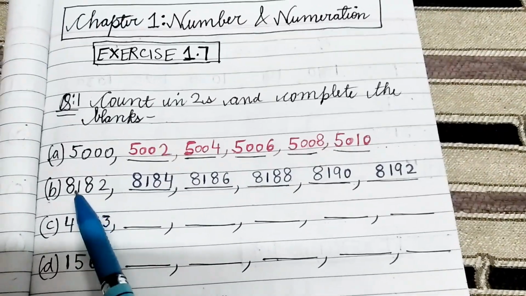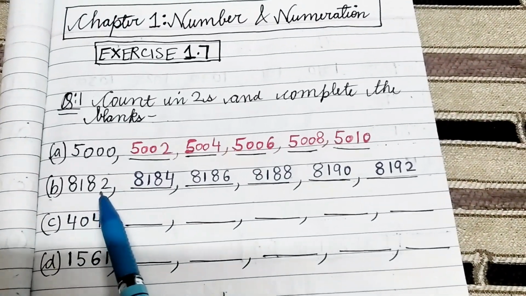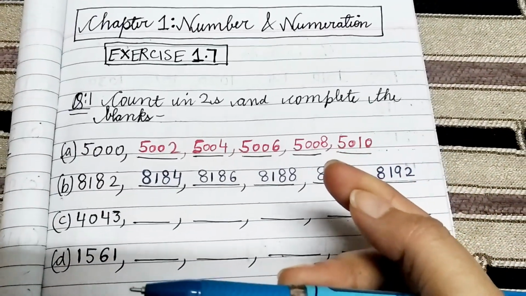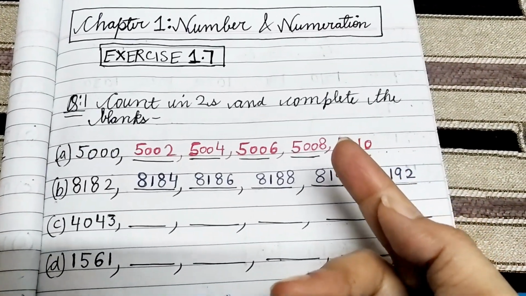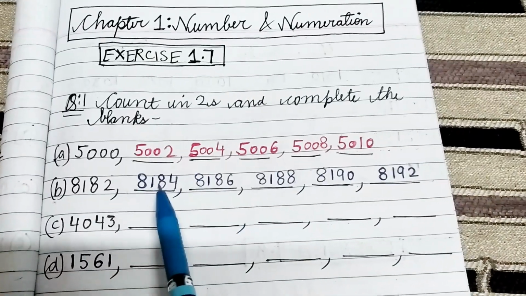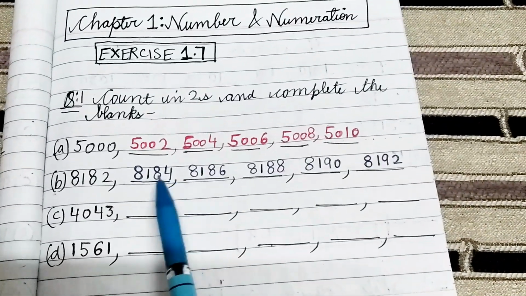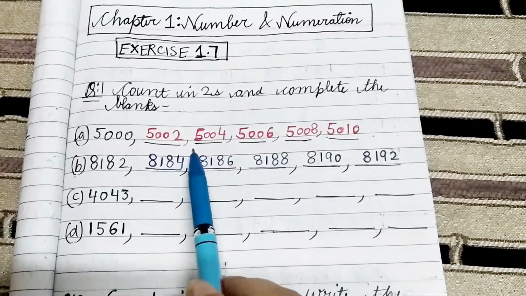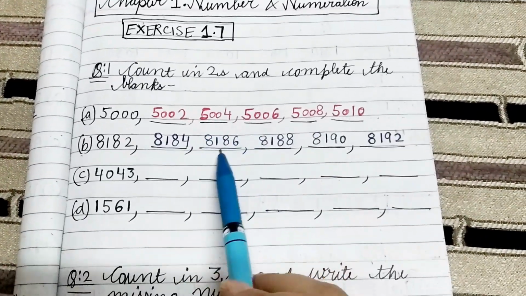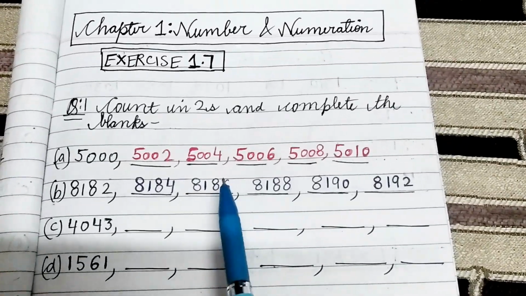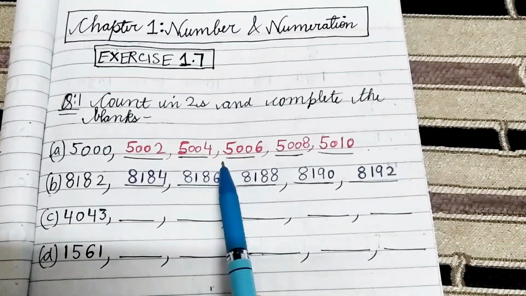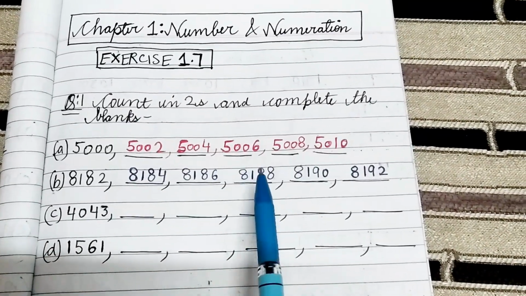Let us discuss this question. B part. 8,182, 8,183, 8,184. I have written 8,184. Similarly, which number will come next? 8,185, then 8,186. This I have written. Then again proceed from this number. 8,187, 8,188.